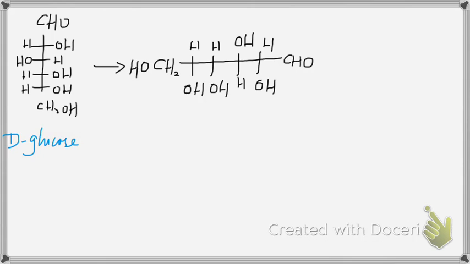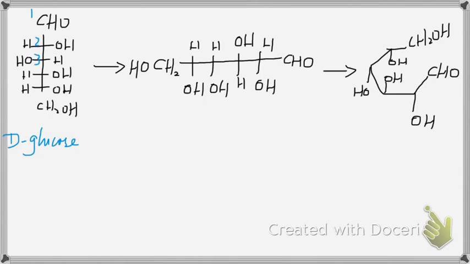The one on the left side will be pointing up. Next, curl the molecule up. Put your carbon 1 on the right-hand side and curl the rest of the carbon chain up. Here is what we have.